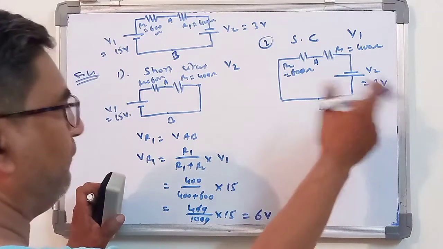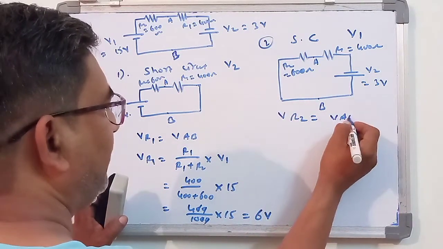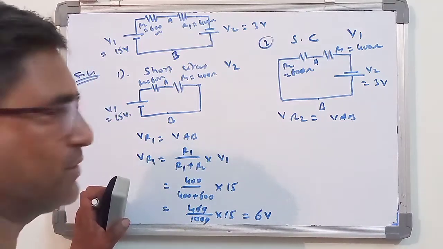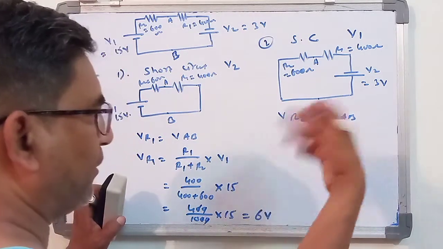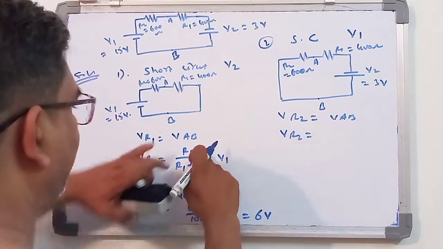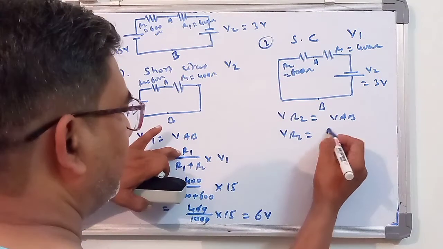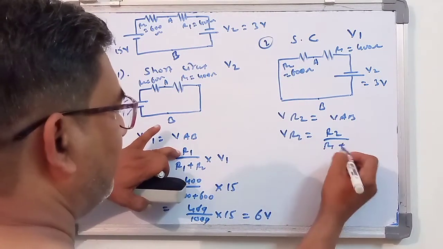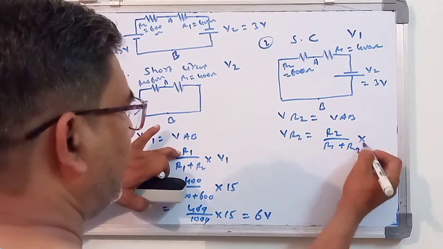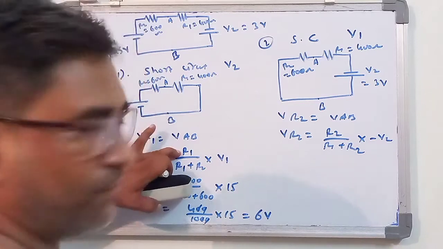Again, what will be the consideration? VR2 is equal to, again, the VAB. Okay students, so for VR2, what formula will we be obtaining? So VR2 is equal to, R1 forms the voltage divider resistor, and that's why you will be getting R2 divided by R1 plus R2 multiply by, now here the sign, minus V2.